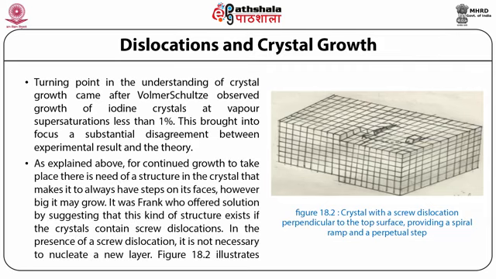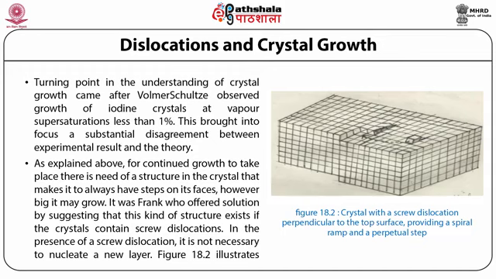As explained above, for continued growth to take place, there is need of a structure in the crystal that makes it always have steps on its faces, however big it may grow. It was Frank who offered a solution by suggesting that this kind of structure exists if the crystals contain screw dislocations.